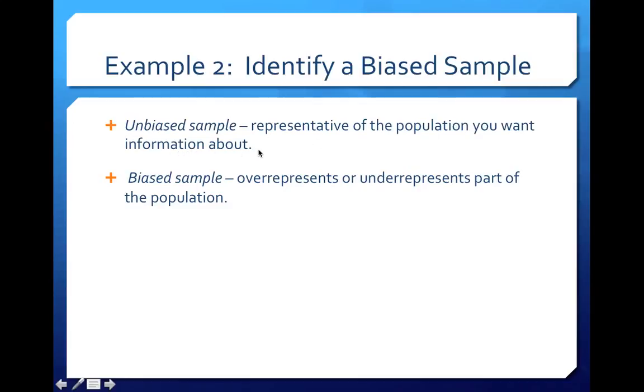So for example, if you want information about the entire high school, but you only ask the seniors for their opinion, then that would be a biased sample. It overrepresents the seniors and underrepresents the other grade levels of the school. So if your population is meant to be the whole high school, you would want to make sure you have a representative sample of the whole high school.